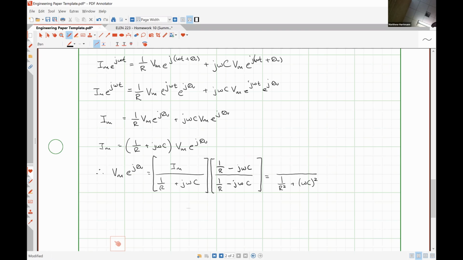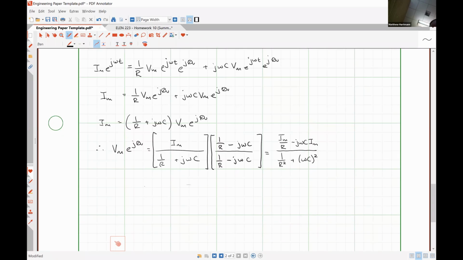My numerator becomes Im divided by r minus j omega c Im, which I can put in a rectangular form now that's a little more obvious. So I will have, make sure I distributed the Im correctly.